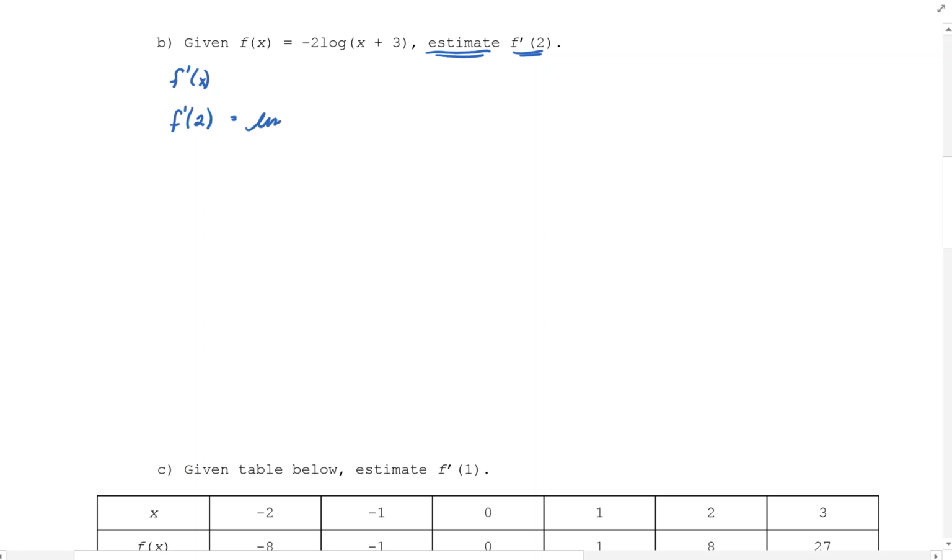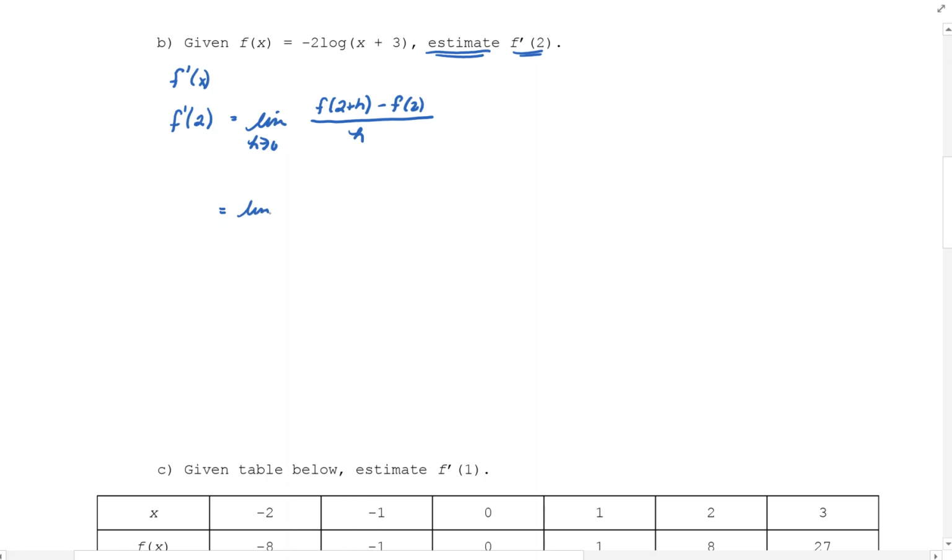So just as I did in the last section, the limit as h goes to 0 of f at 2 plus h minus f at 2, all over h. That's the definition of the derivative.